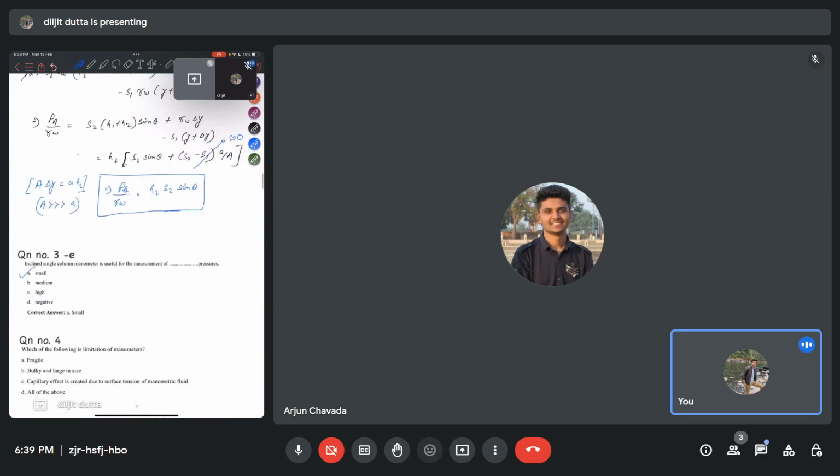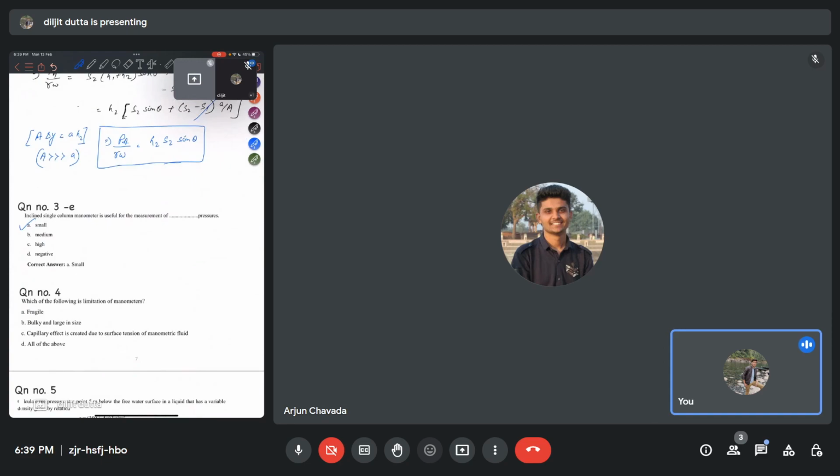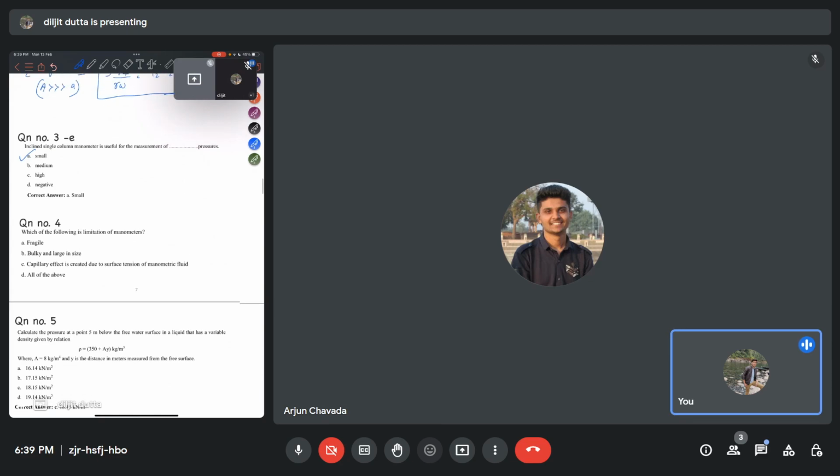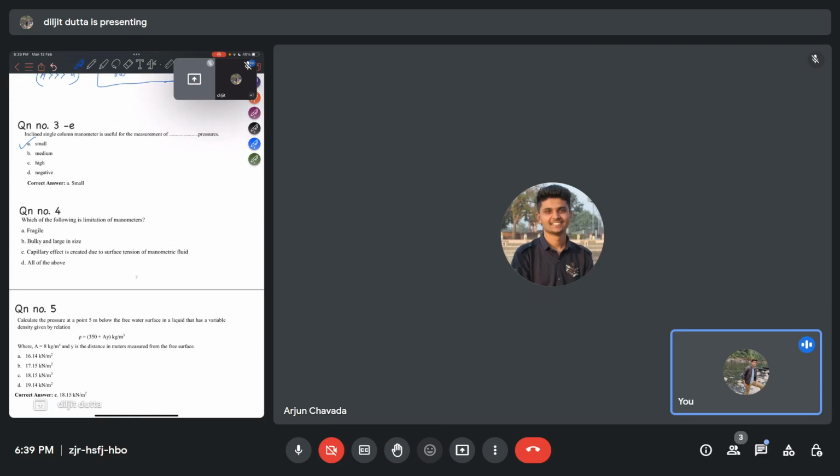Making these in glass makes them bulky. And if a fluid has a very low specific gravity, the piezometer height will be very high, and you need so much glass to construct it, so it will be very large and bulky.